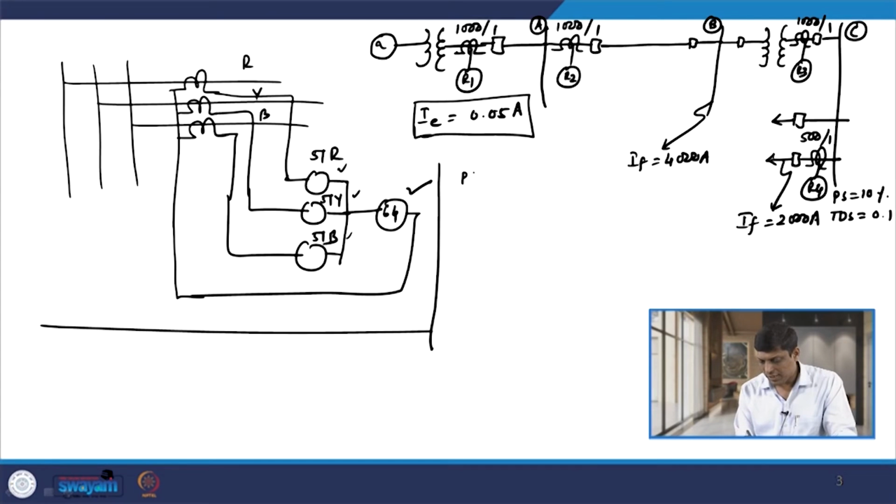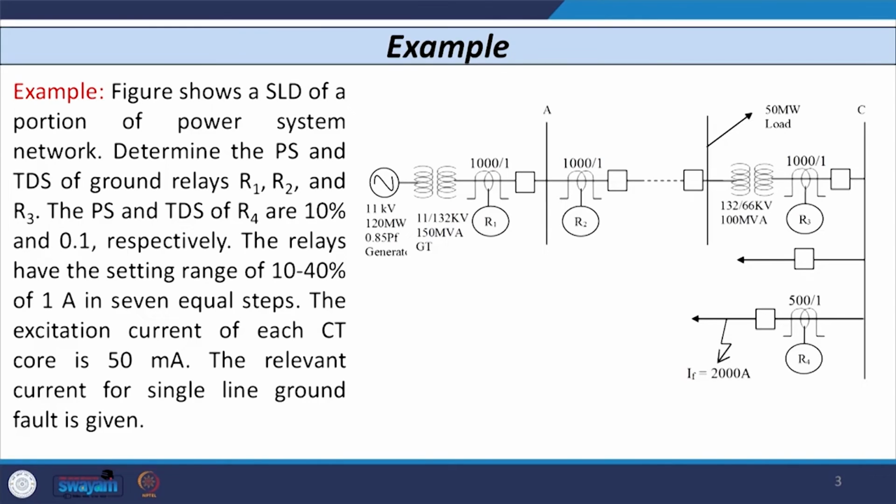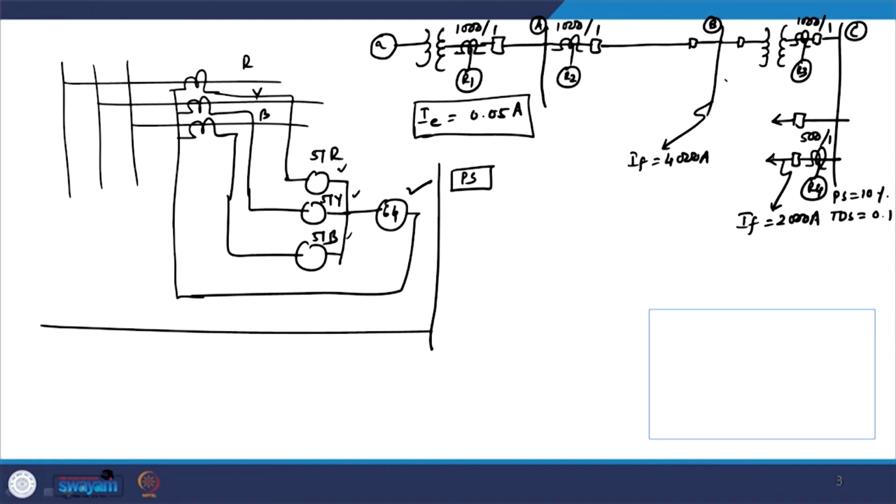So, let us start with the plug setting of the relays R3, R2 and R1. Now, before I start, let us consider the value of the transformer rating. The rating of the transformer given here is 132 by 66 kV and it is a 100 MVA transformer. So, on this side you have 66 kV, on this side you have 132 kV, and the rating of the earlier transformer is also given.